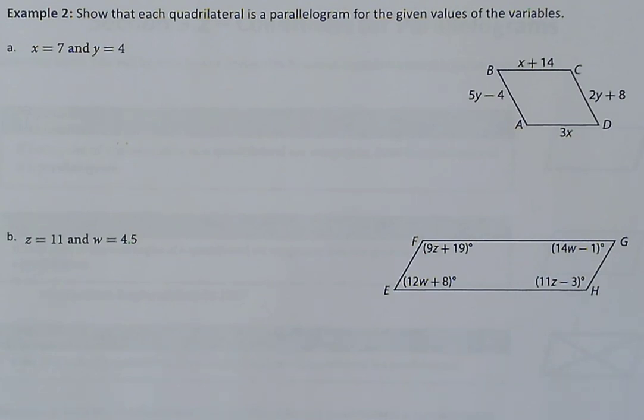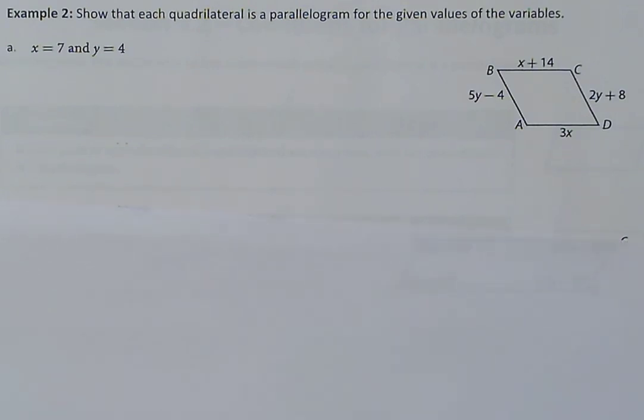And our goal is to go through and show that we have a parallelogram when x equals 7, y equals 4, z equals 11, or w equals 4.5. So let's go ahead and just focus on part A first before we move into the other ones.